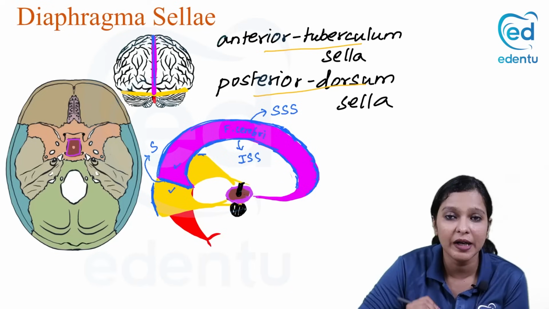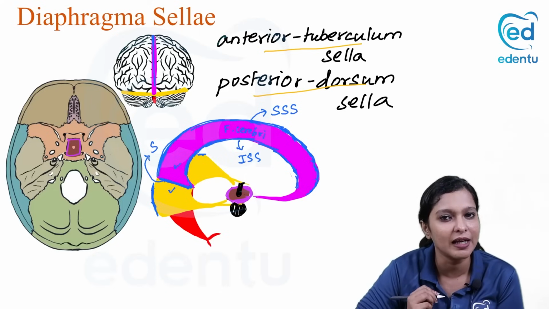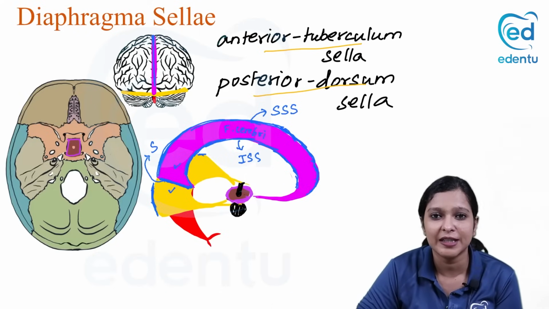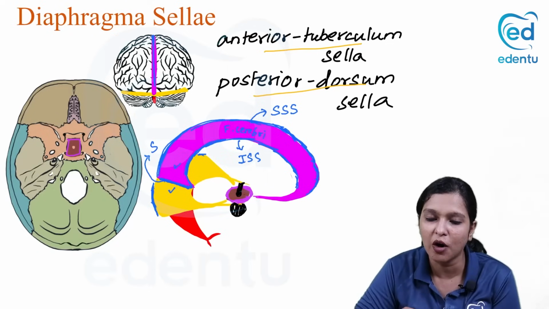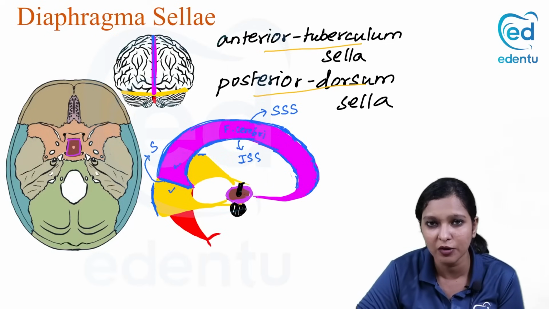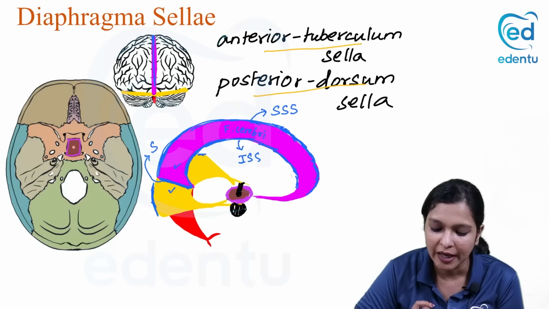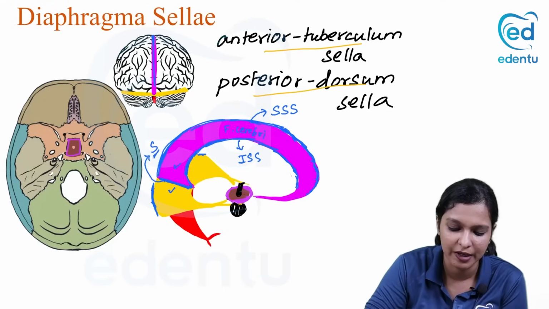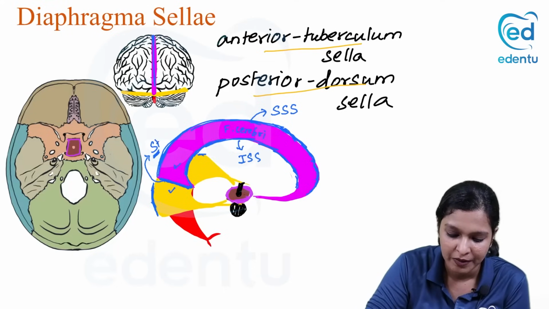So, related to the falx cerebri, there are three dural sinuses: the superior sagittal, inferior sagittal, and straight sinus. All of these three are unpaired sinuses. They are present in the midline, so they are not paired. Related to the tentorium, you can mention the straight sinus also. This is the straight sinus.